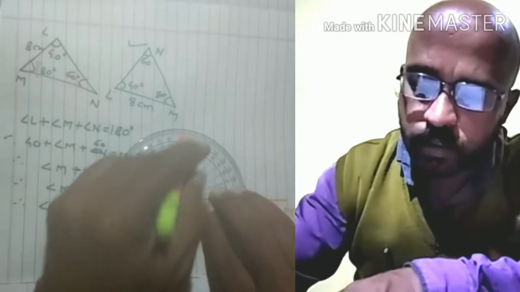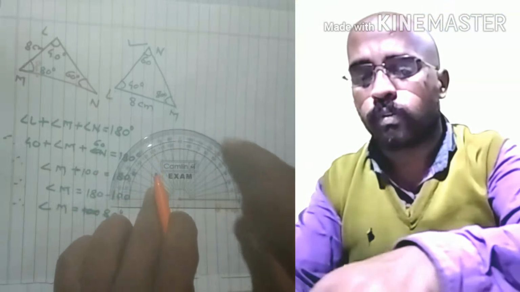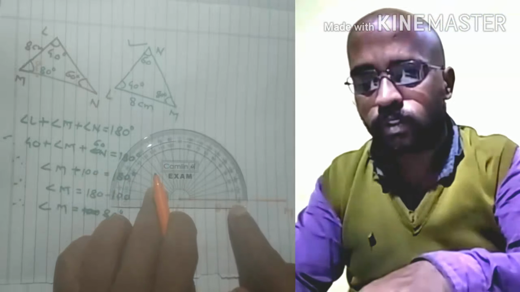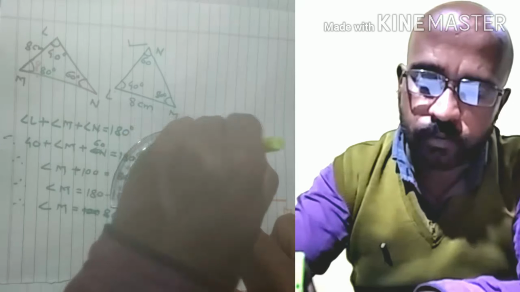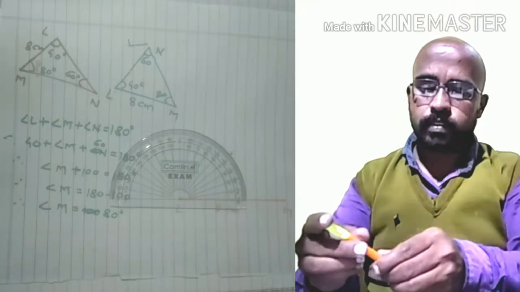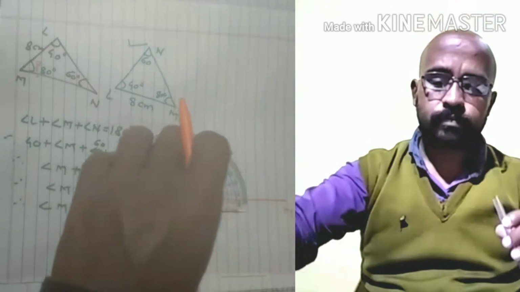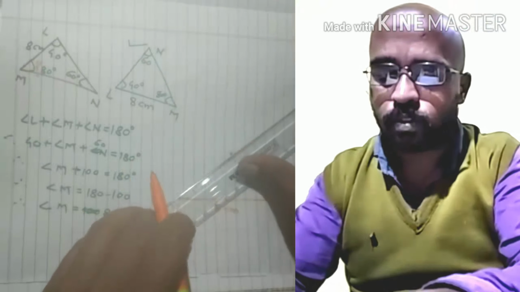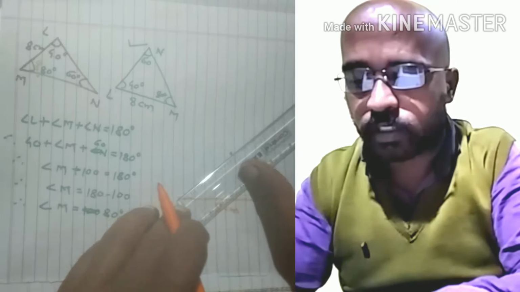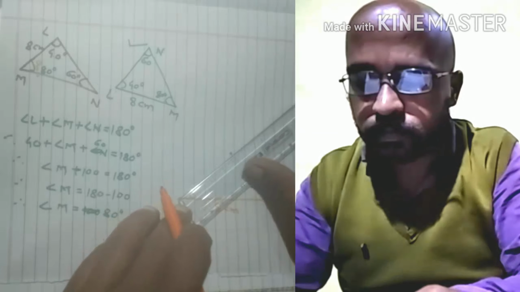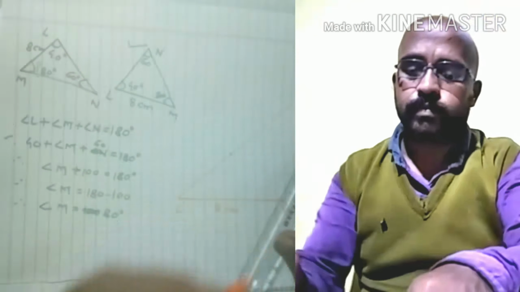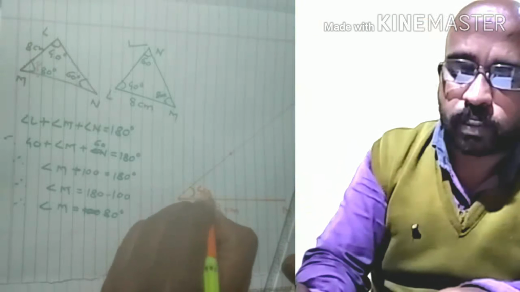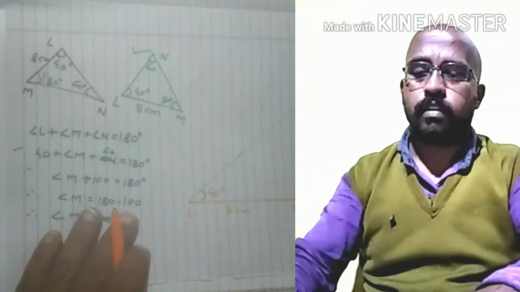Where is 40? See, we have to look from this side. On this side 0 is at the inner scale. So on the inner scale we have to locate 40 degree and draw one angle. So here I have drawn an angle of 40 degree. What other information is available?